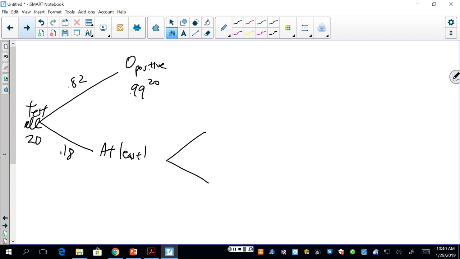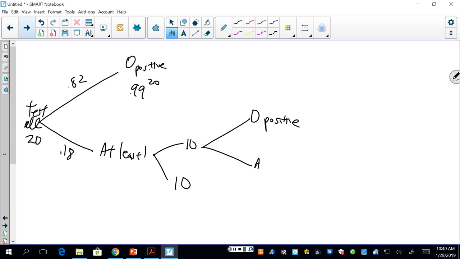You could take 20 of those and randomly take 10. So you could split it into 10 and 10, and then test them. And in this group of 10, you might get 0 positive, or at least 1.